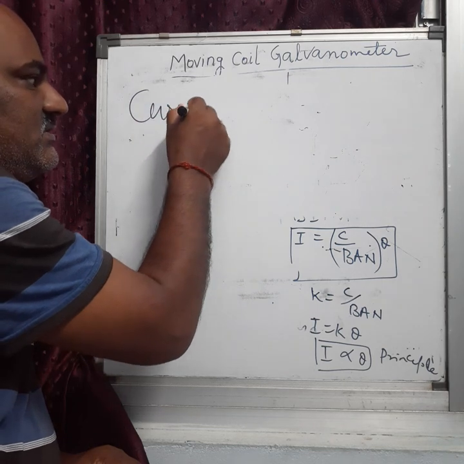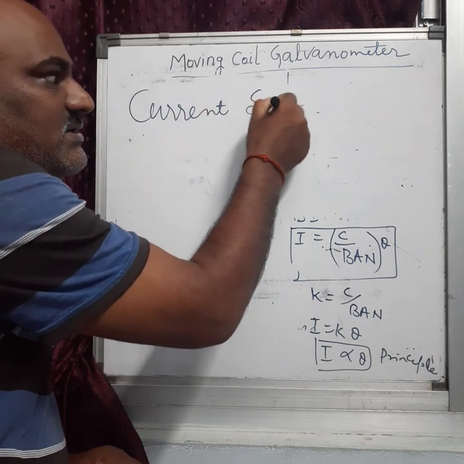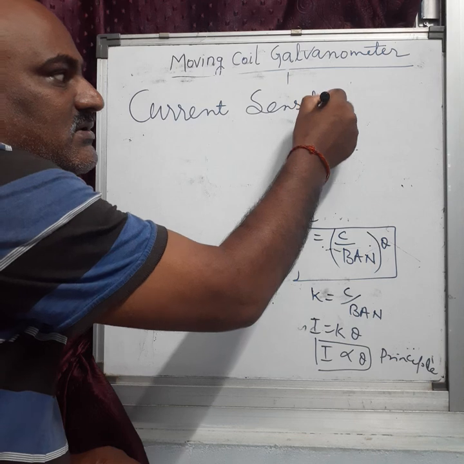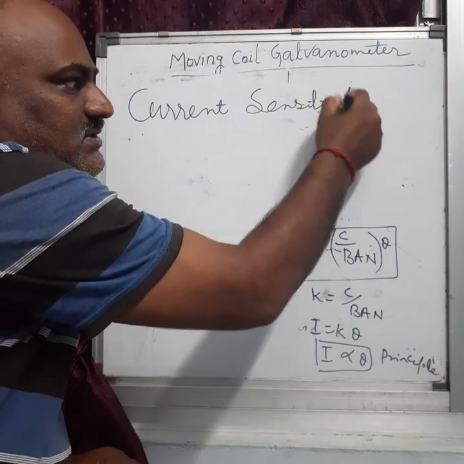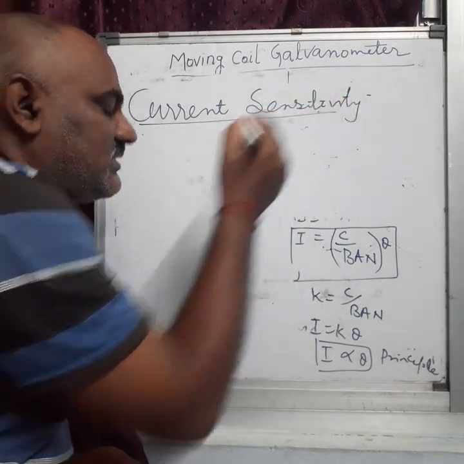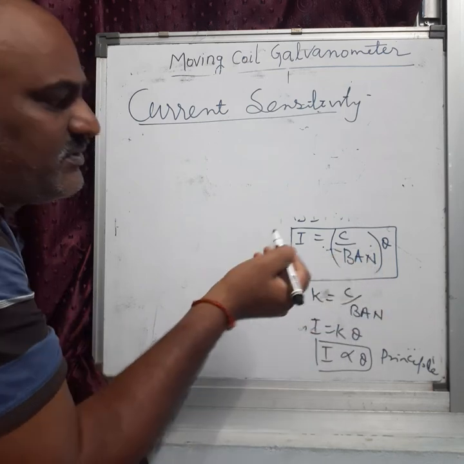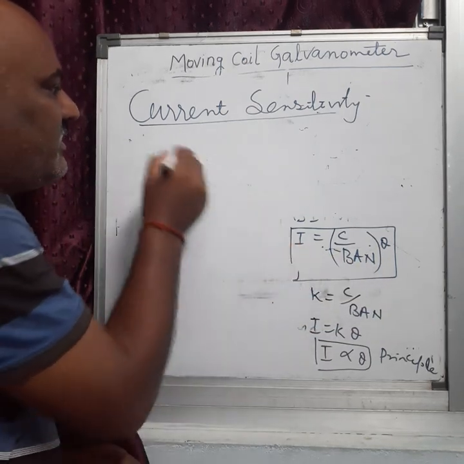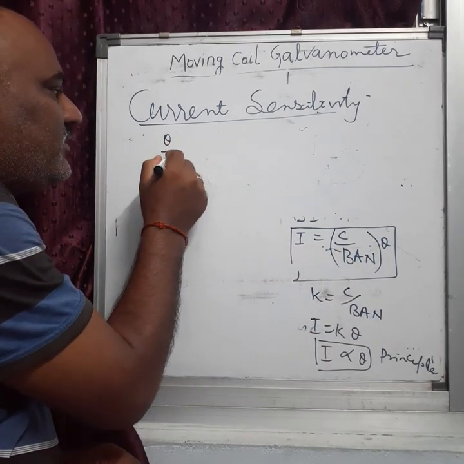Current sensitivity of the galvanometer is defined from this formula as theta per unit current.